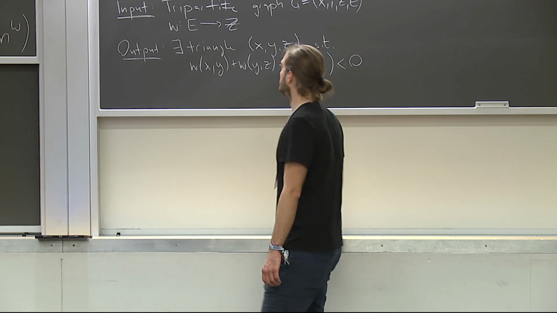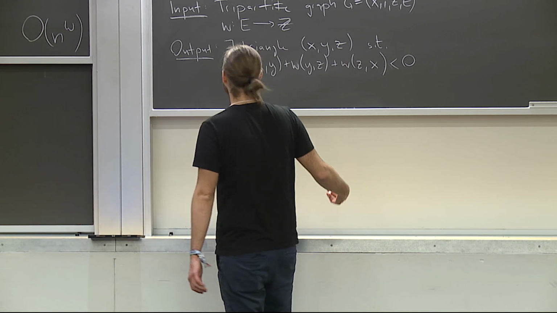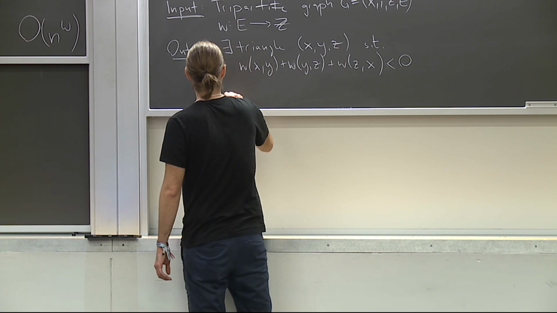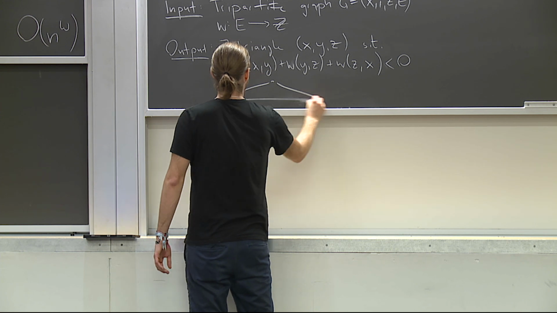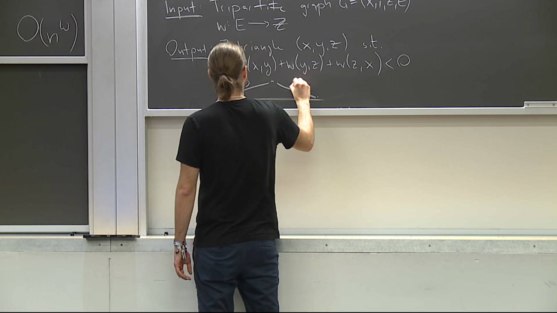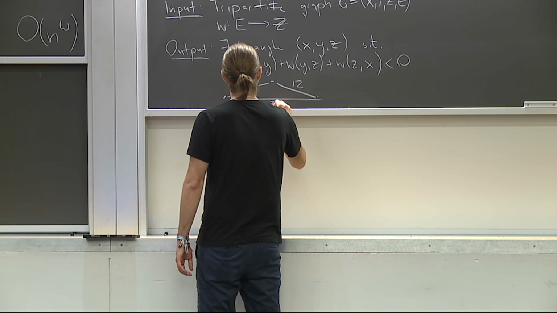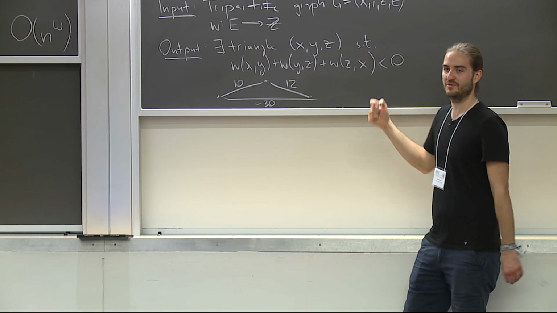Okay? You need an example? Maybe, this is a negative triangle. Right? The edges add up to whatever, which is negative.